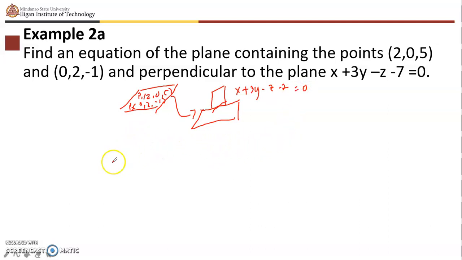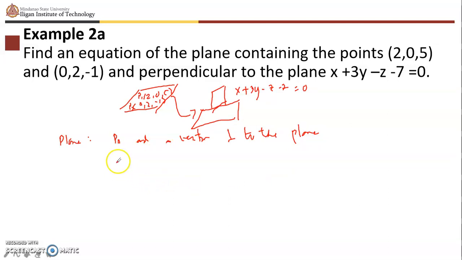We know that for an equation of a plane, we need to have a point, P sub 0, and also a vector which is perpendicular to the plane. So those are the requirements.